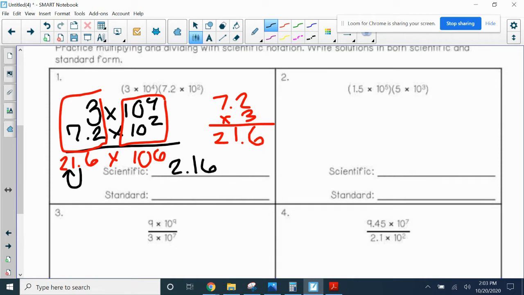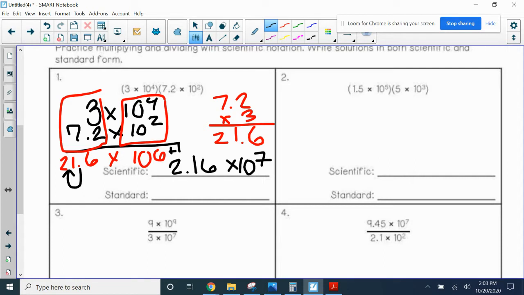So I need to move that decimal 1 to the left, and however many times I move the decimal to the left, I have to increase that exponent by that many. So I have 2.16 times 10 to the 6 plus 1, which is 10 to the 7.